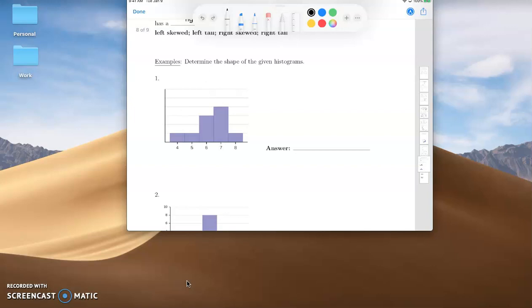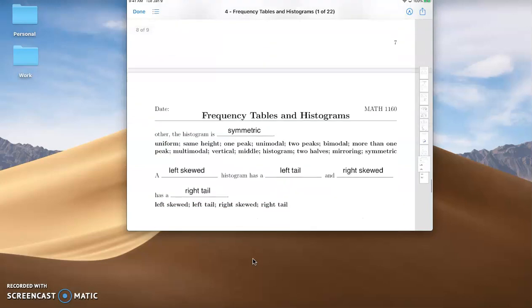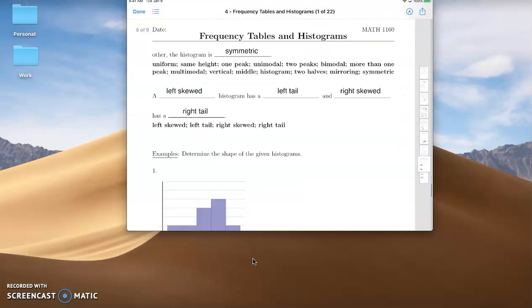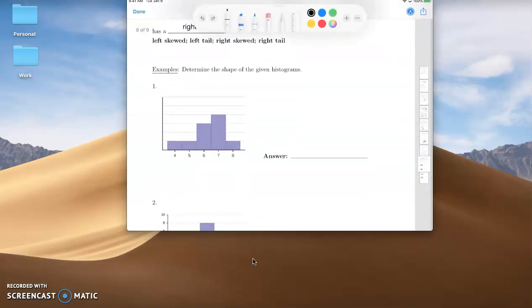It's not uniform. Uniform would mean if all the bars were basically the same height, which they clearly are not, so it is not uniform. Now it does have one peak, and remember, one peak meant that it's unimodal. So that would mean this one is unimodal.